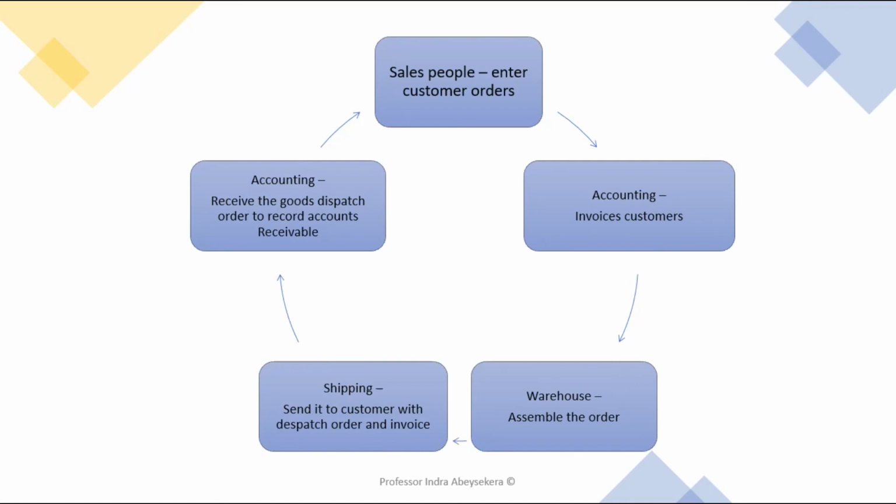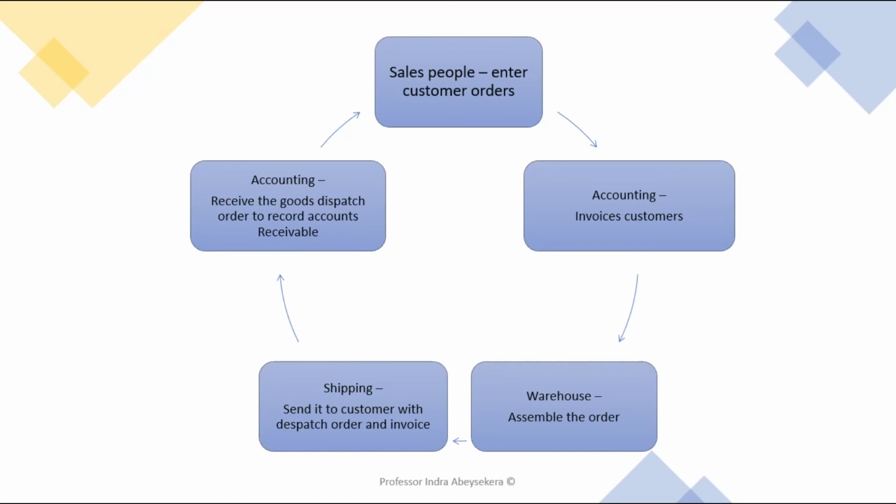An example of how and where information resides for a given event: we can take a sales event. Salespeople enter customer orders, then accounting is informed, and accounting generates an invoice to customers, and that is then informed to the warehouse.